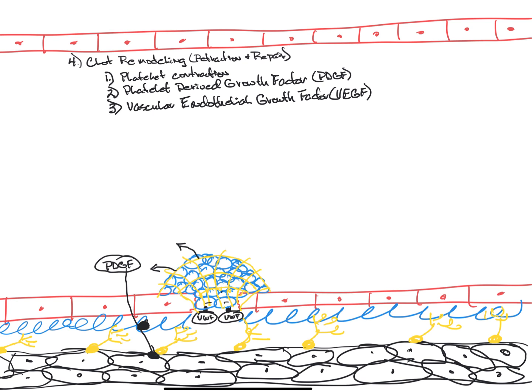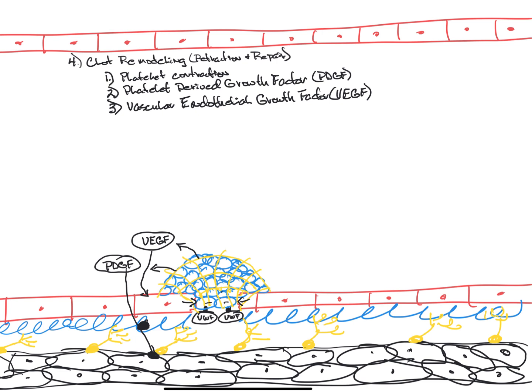Okay, and vascular endothelial growth factor, just think of the words: vascular endothelium. It's going to enhance the regrowth of the vasculature of the endothelium. It's going to regrow this endothelium that's here. Okay, and that's what it's going to do.